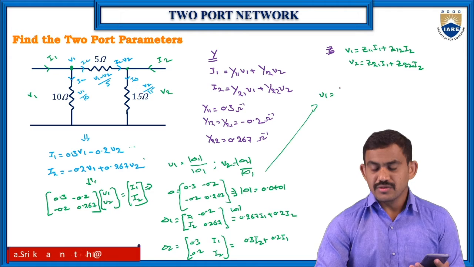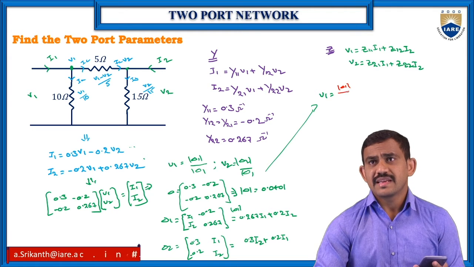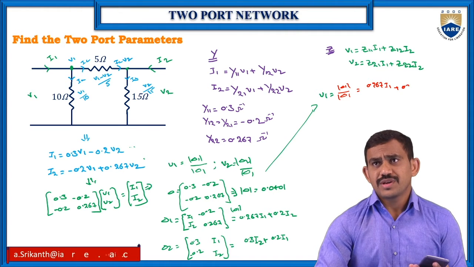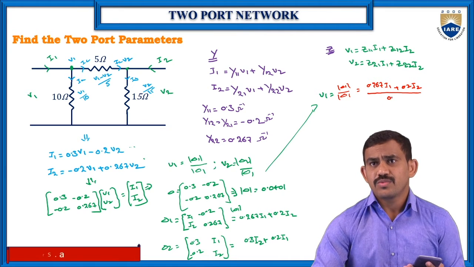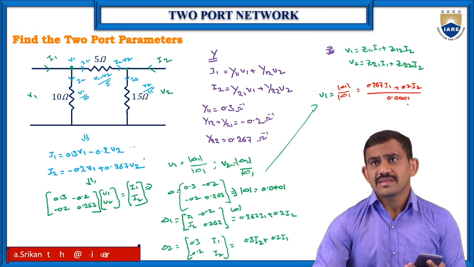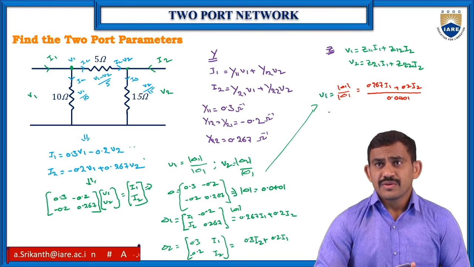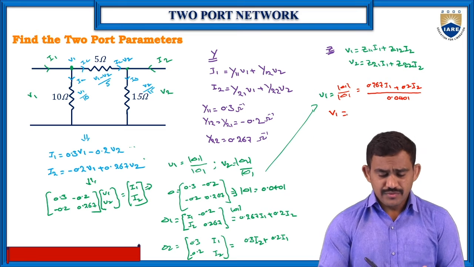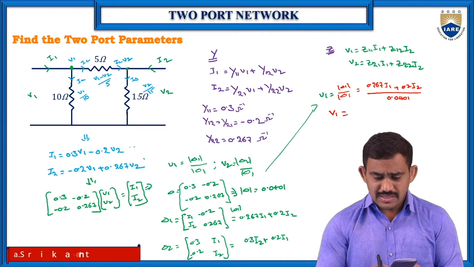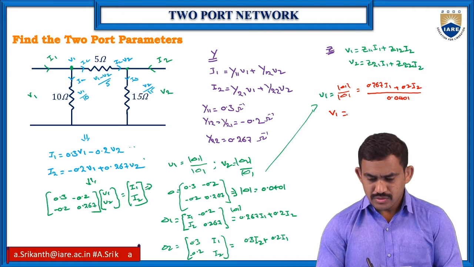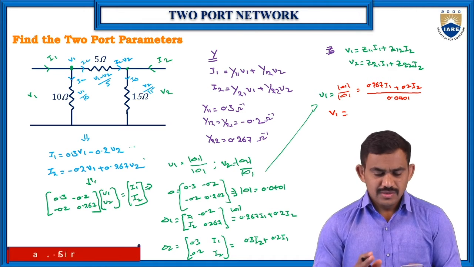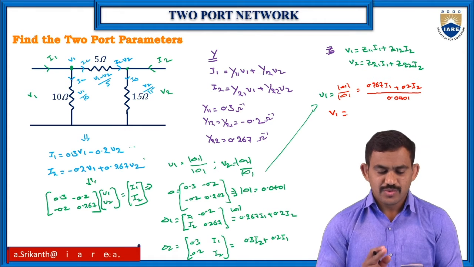So V1 equal to del of delta 1 by del of delta. So your delta 1 is 0.267 I1 plus 0.2 I2 by your del of delta. Del of delta is 0.0401. Then we have V1 equal to 0.267 divided by 0.0401.